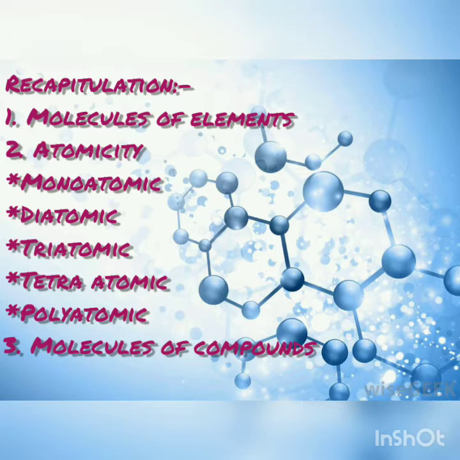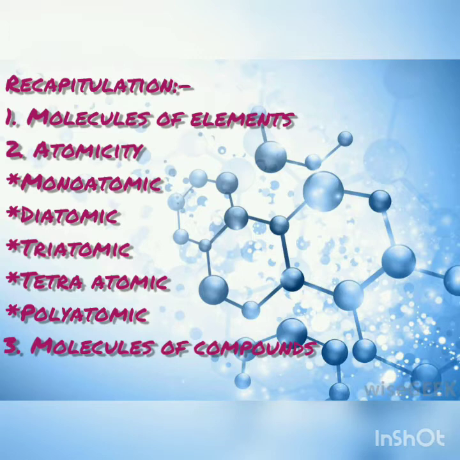If two atoms are present, it is considered diatomic. 3 atoms means triatomic. If 4 atoms are present in a molecule of an element, for example phosphorus, it is considered tetraatomic. And more than 4 we consider polyatomic. So depending upon the number of atoms present in a molecule, we define these molecules of an element.